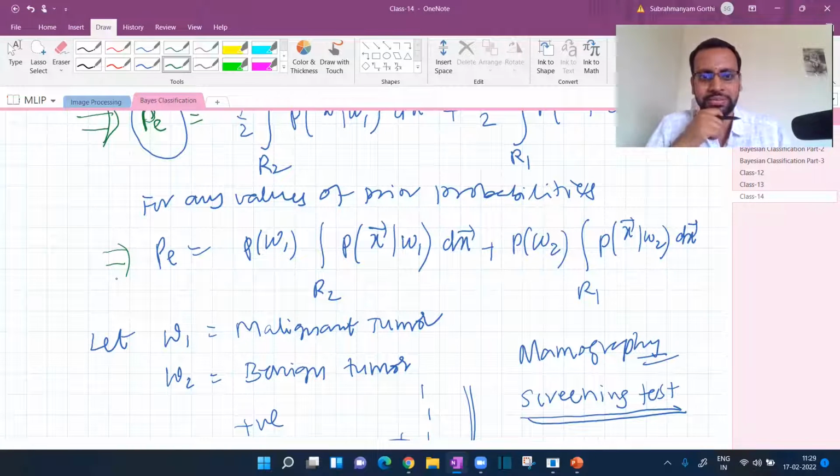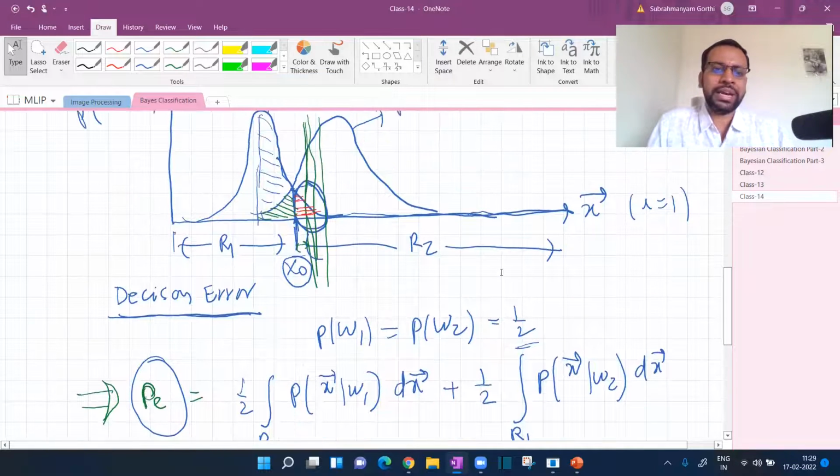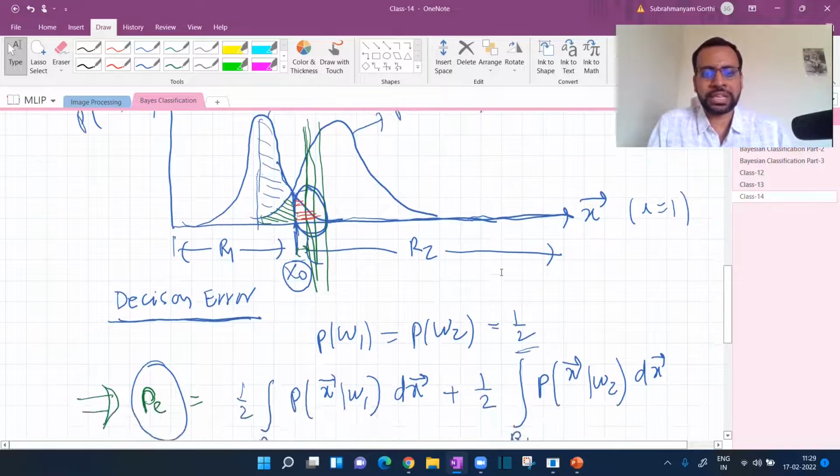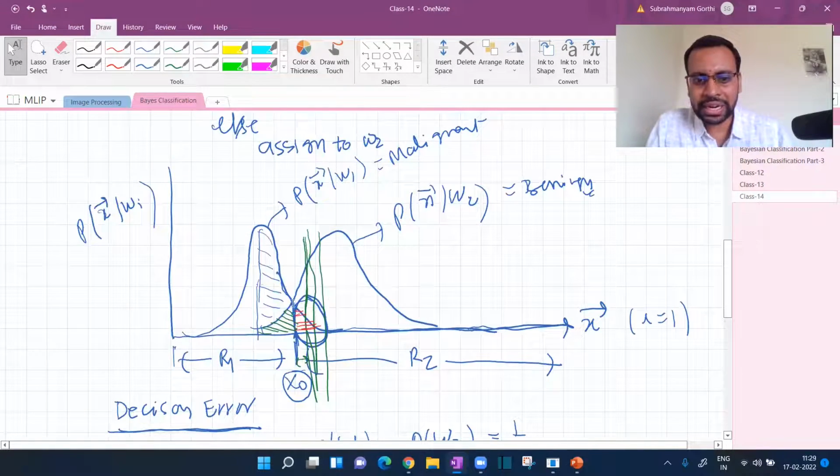Any thoughts about that? Let me rephrase my question. If I minimize this equation, what would be the X bar value I would be getting here? What would be the X bar value that minimizes this equation? That will be the intersection point of these two things, correct?